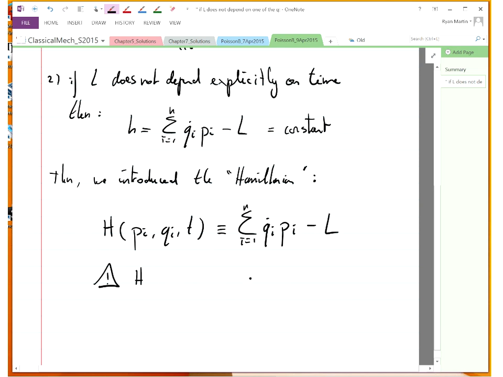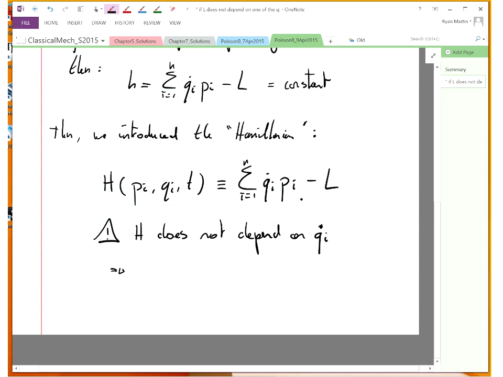So H does not depend on the qi dots. Of course, when you do this transformation, you explicitly end up with qi dots because the sum has qi dots in it, and then L presumably also has qi dots in it.